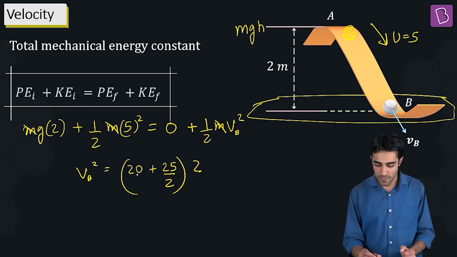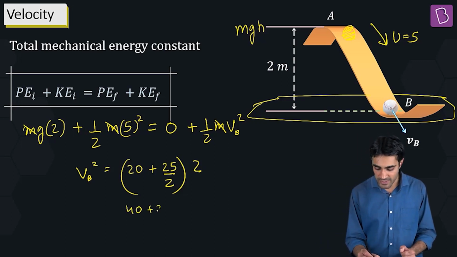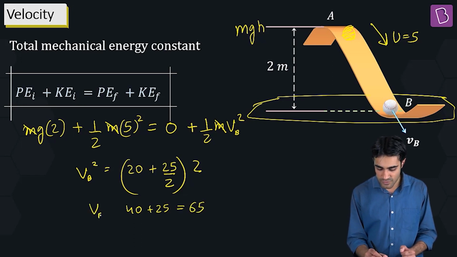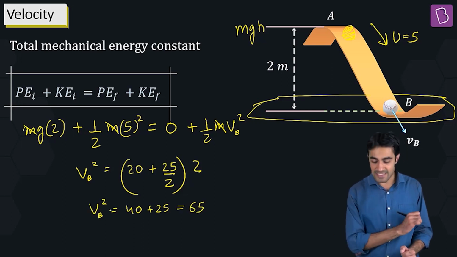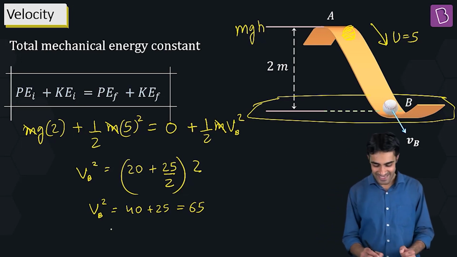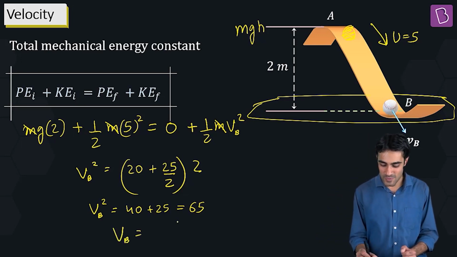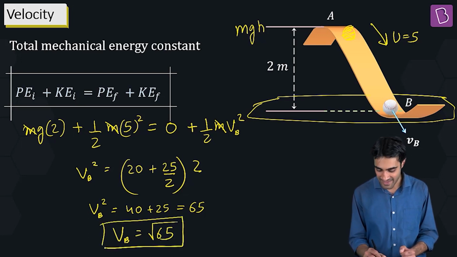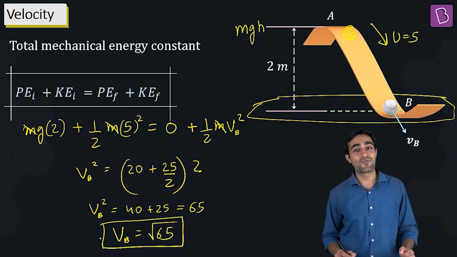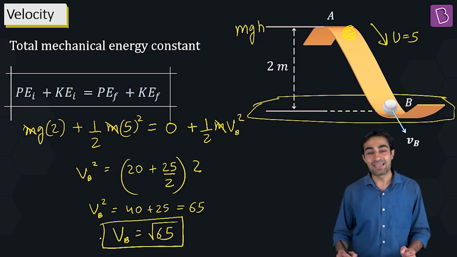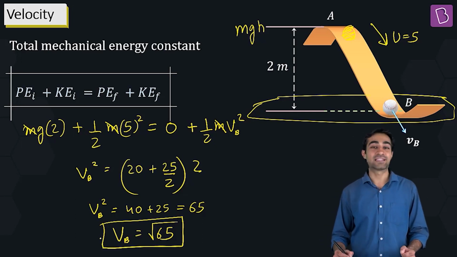And we can see 40 plus 25 is basically 65. So vb square is 65. This means vb is equal to under root 65. Well done. We have got the final speed at point B, and it is under root 65.